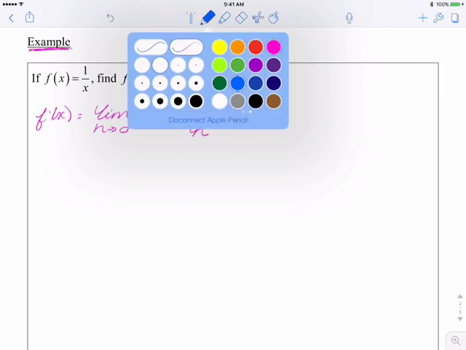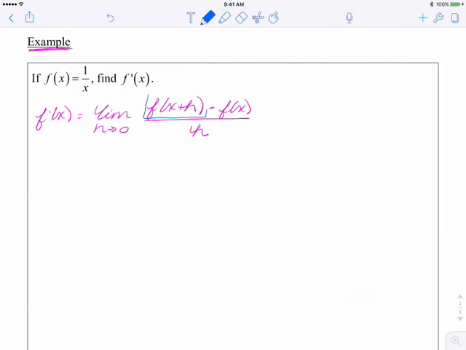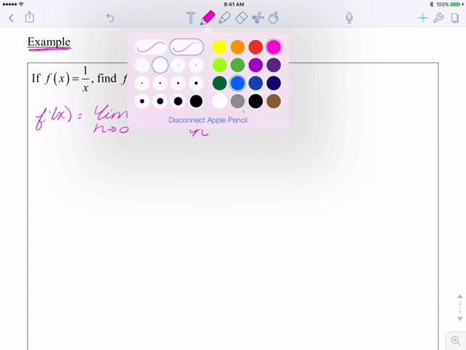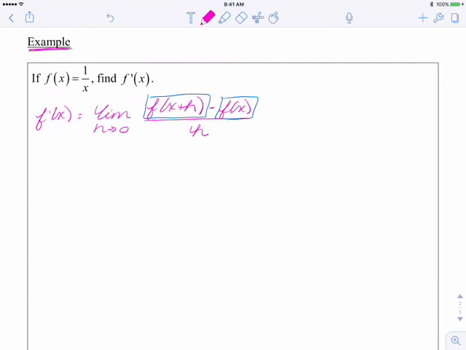Something you might remember from the previous section is that the two function notations in the numerator have to be replaced with their equivalent expressions. Now, f of x is just the function, that's 1 over x. For f of the quantity x plus h, that's the value of function f when x is equal to x plus h.